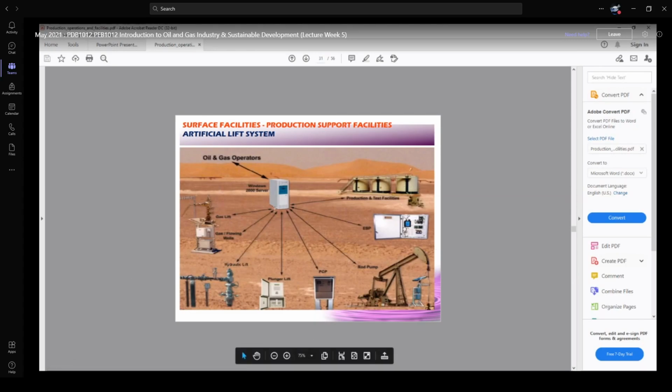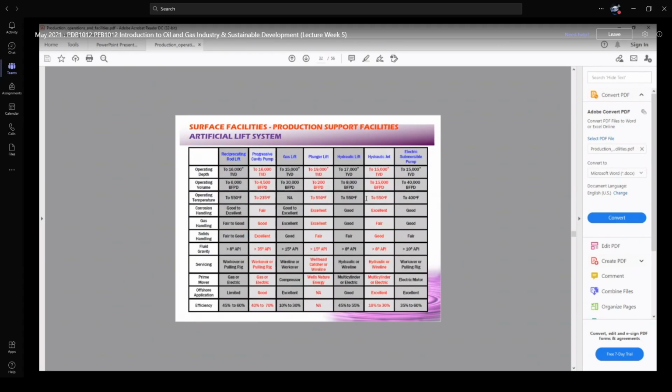It could be hydraulic lift, plunger lift, PCP, sucker rod pump, ESP, or some other way to manage the oil and gas production operations, right? So here is how to select the different kinds of surface facilities or support facilities.